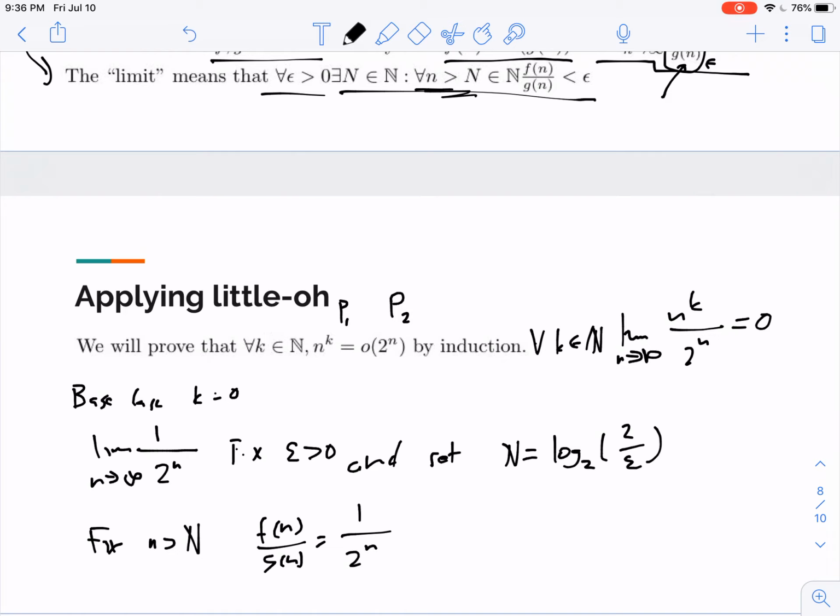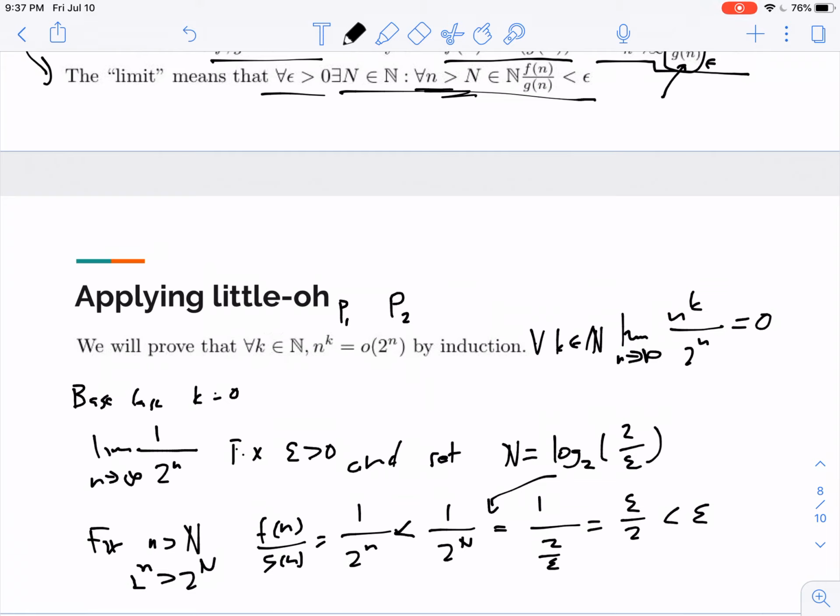And since little n is greater than big N, this implies that 2 to the little n is greater than 2 to the big N, and therefore 1 over 2 to the little n is less than 1 over 2 to the big N. And 1 over 2 to the big N, if we substitute this in, is just equal to 1 over 2 over epsilon, which equals epsilon over 2, which is less than epsilon.